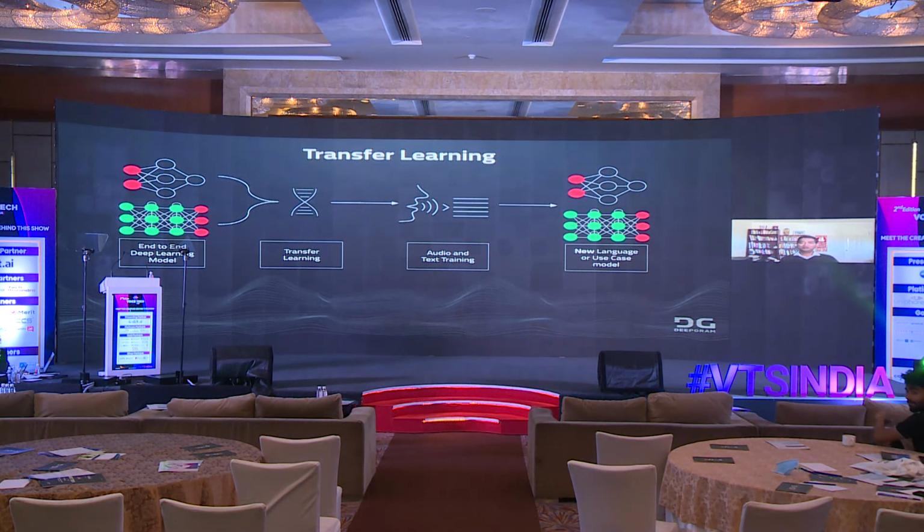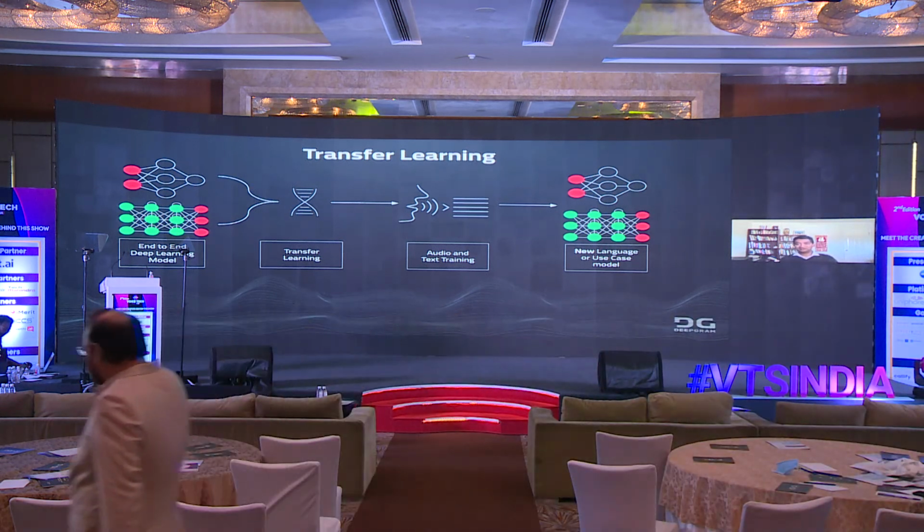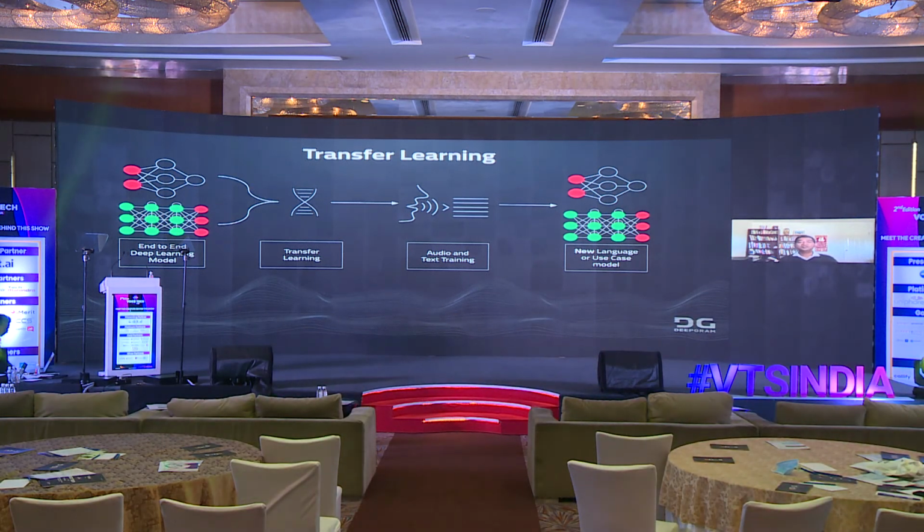Since the two models are developed to perform similar tasks, generalized knowledge can be shared between them. It allows us to leverage a model developed for a language as the starting point for a model for a new language model. We can use transfer learning from existing models, train them with audio and text to create new models within weeks instead of months.